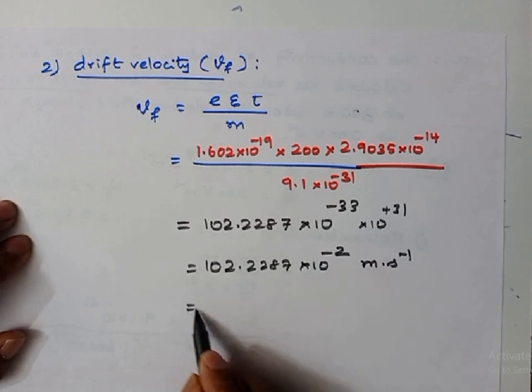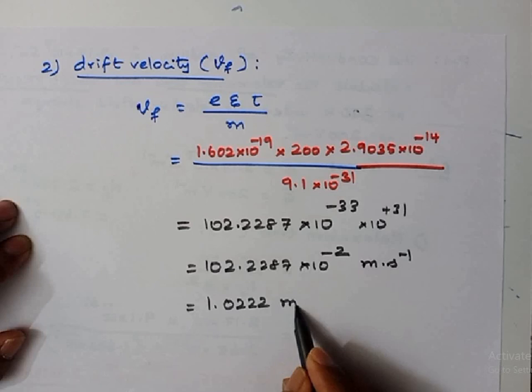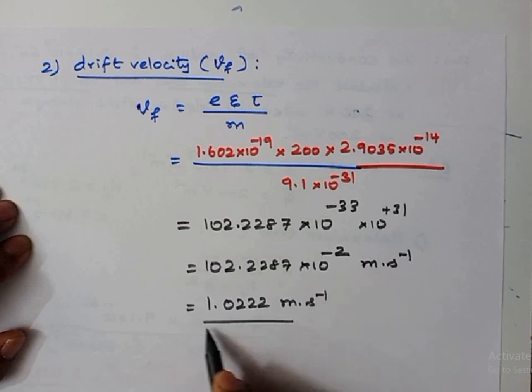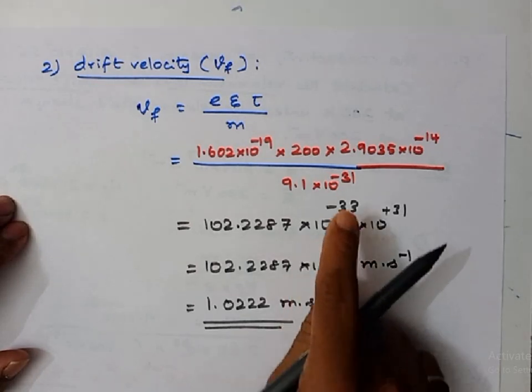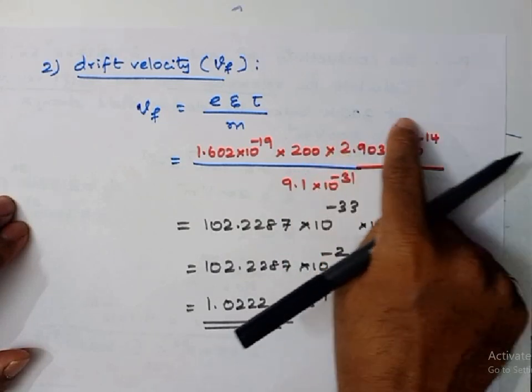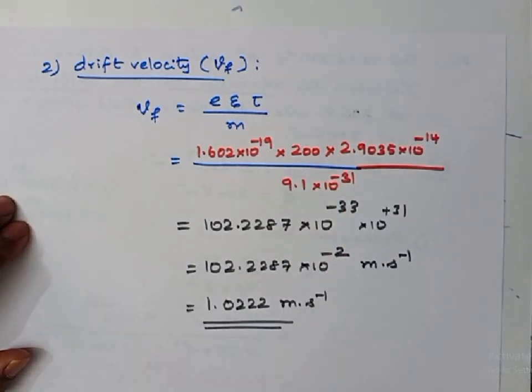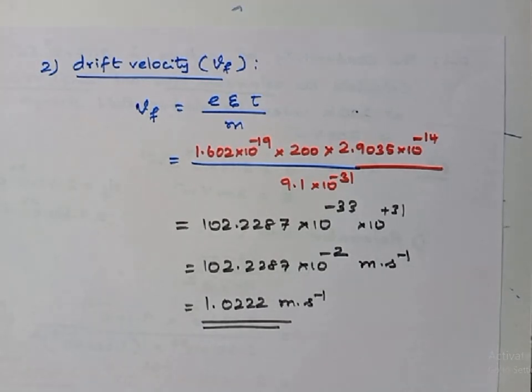You can also simplify this: 1.0222, I'll just write 4 digits after the decimal point, meter per second. So this is the drift velocity of the electron under the electric field strength of 200 volt per meter for the relaxation time of 2.9035 into 10 power minus 14 seconds. This is how you should calculate the drift velocity.